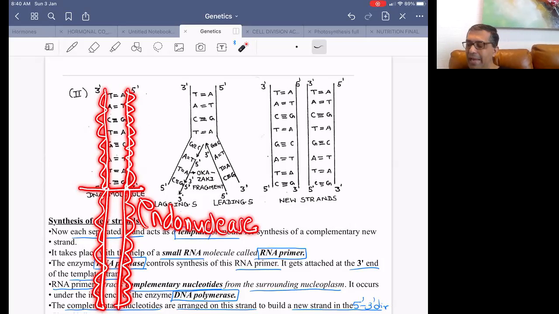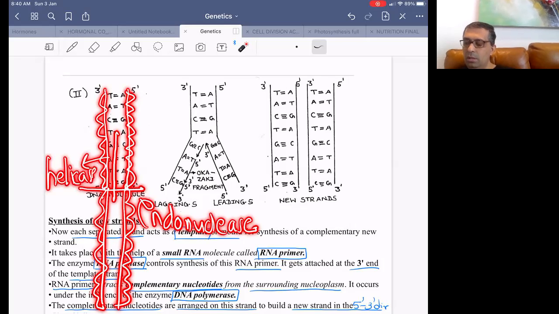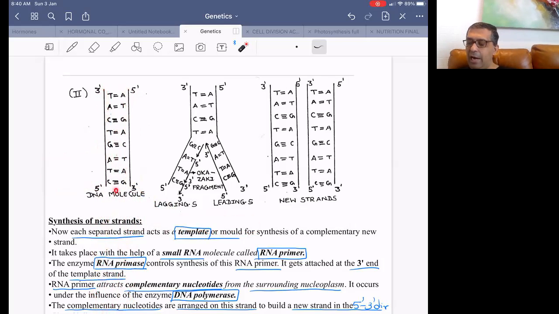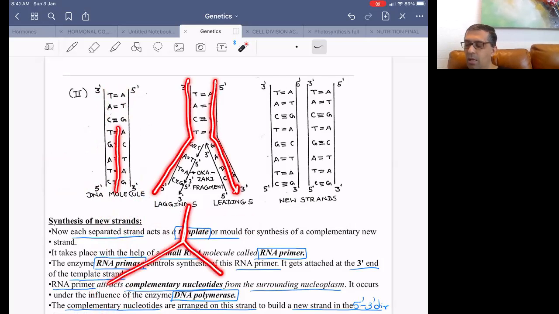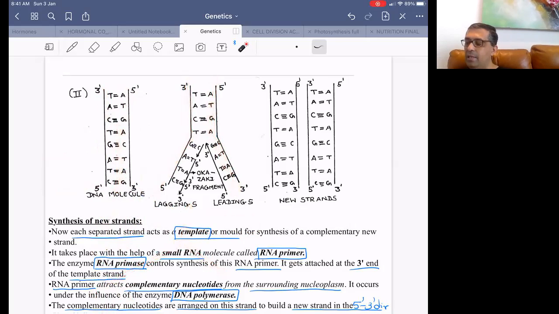Then we started breaking the hydrogen bonds. Hydrogen bonds are broken with the help of helicase. And as hydrogen bonds break with the help of helicase, the two DNA strands will uncoil. And it looks like an inverted Y, which is called the replication fork.